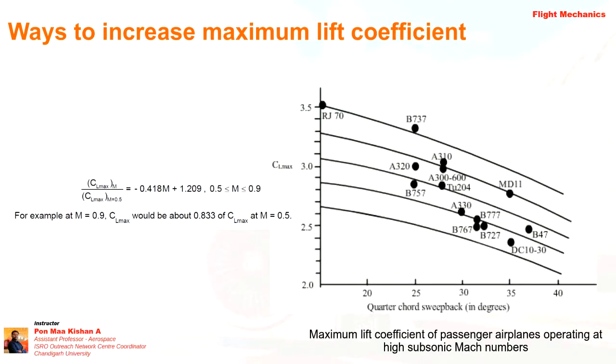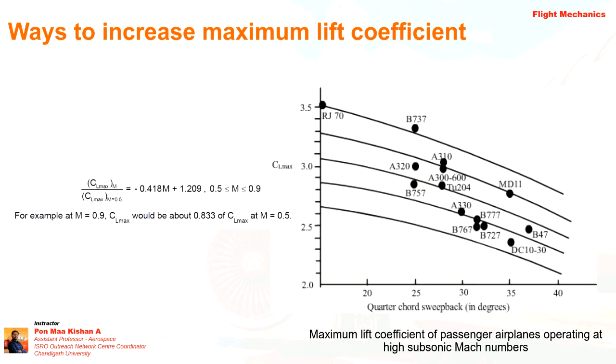So what it is indicating, right? CL maximum at 0.9, if it is the same aircraft, will be equal to 0.833 times the CL maximum generated at 0.5. Okay, so correspondingly I will be giving you that.